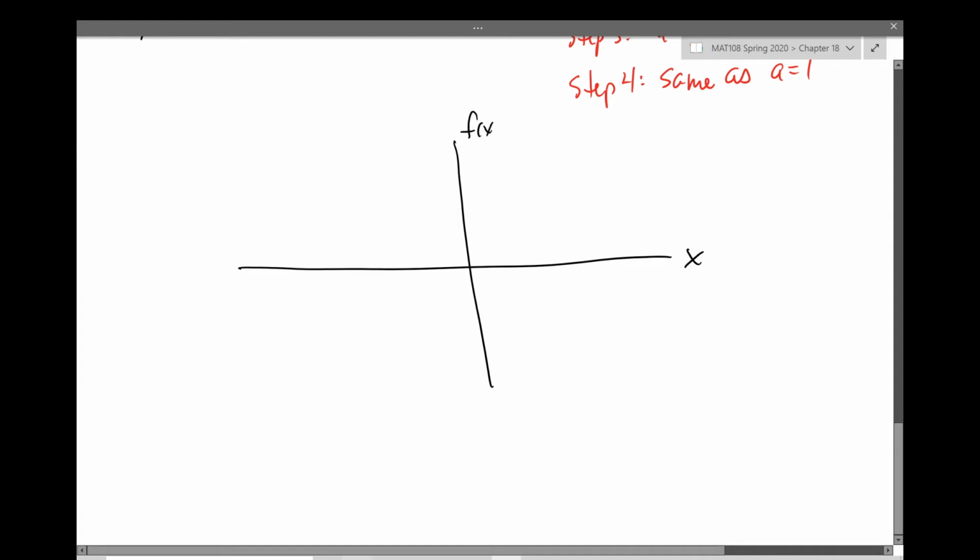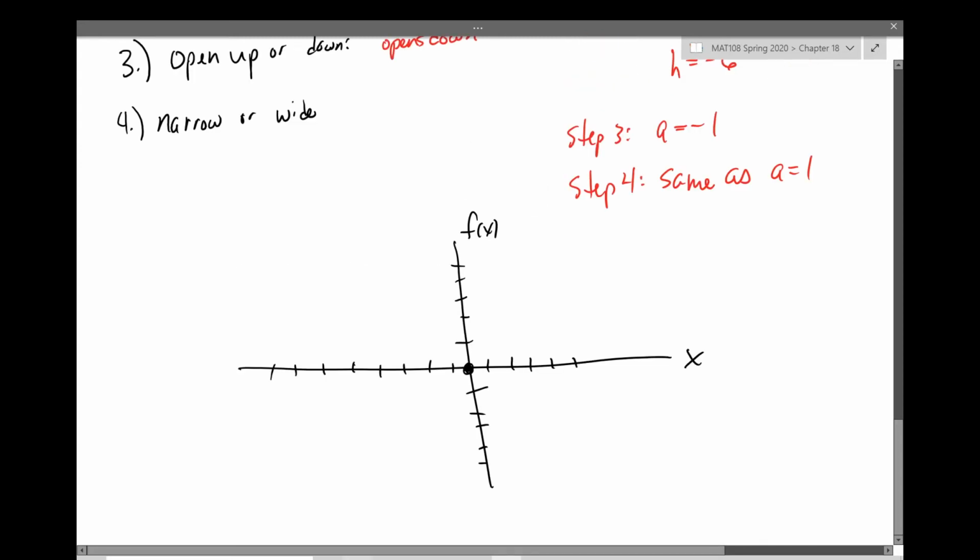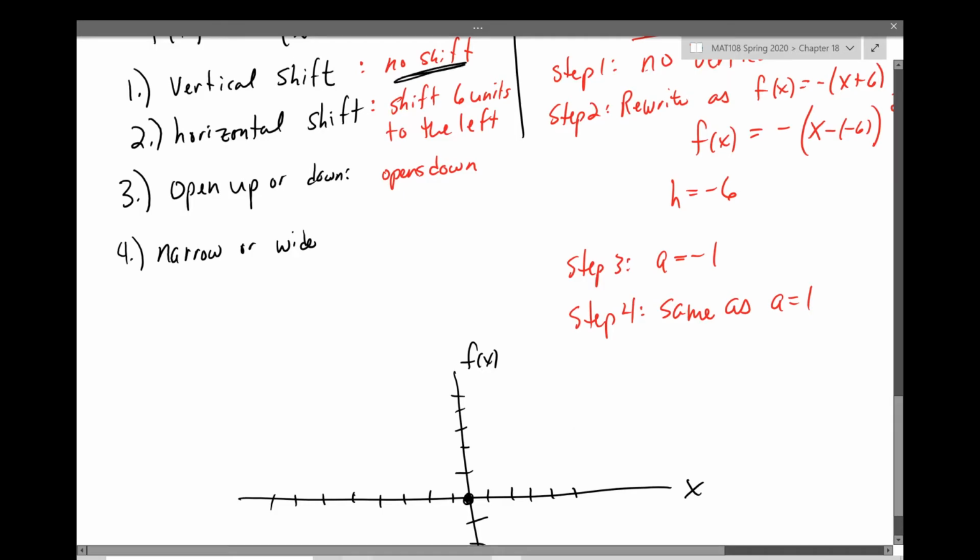Let me write this out. And like I said, we're not going to be all particular with this because we're just sketching. We start off at that special point for f of x equals x squared. In other words, the vertex, 0, 0. That's where we're going to start. Now, I'm going to follow exactly my steps. I don't shift up or down.